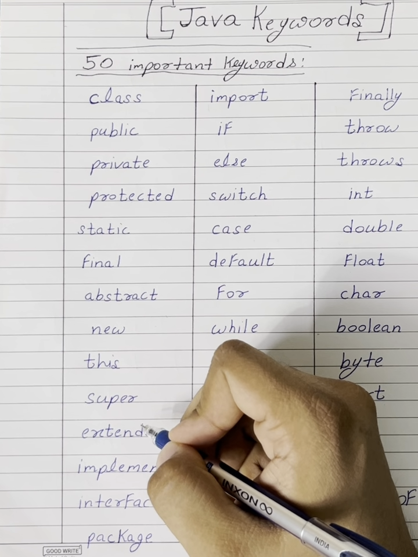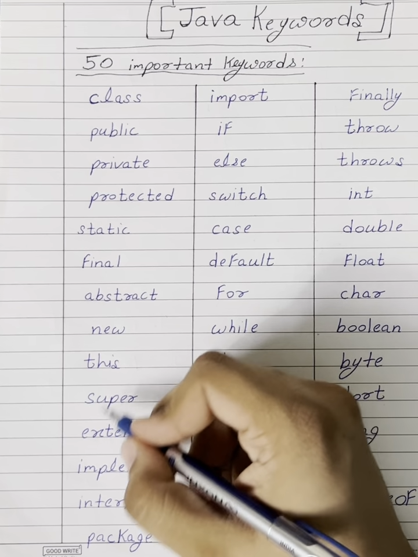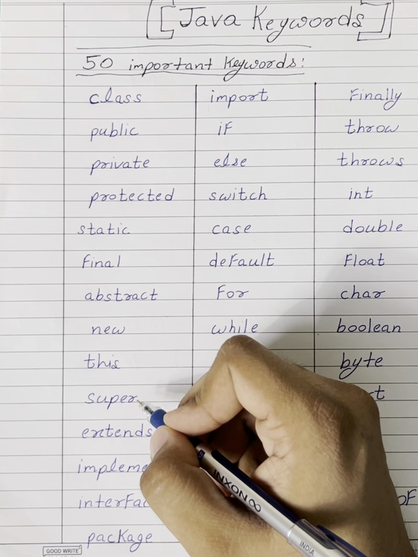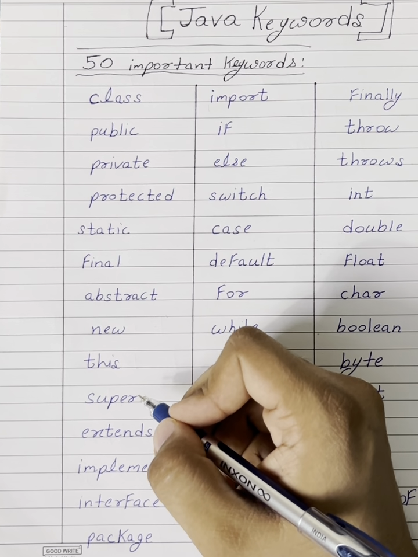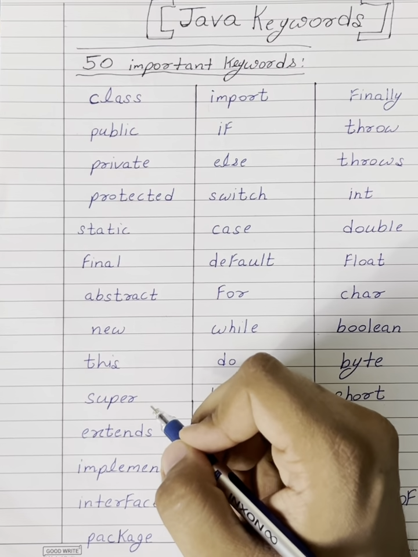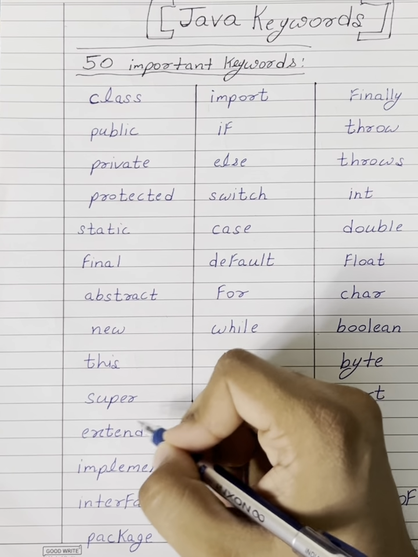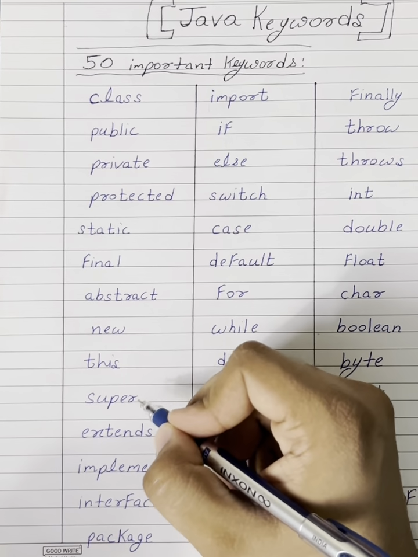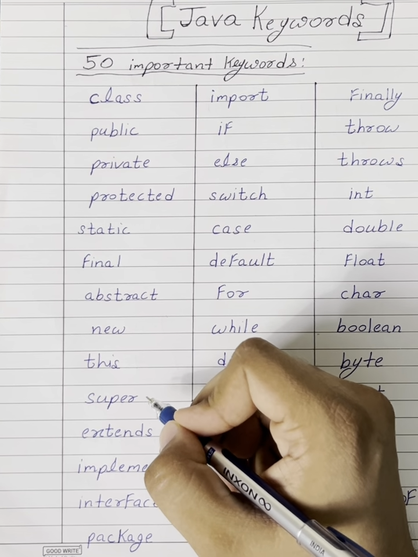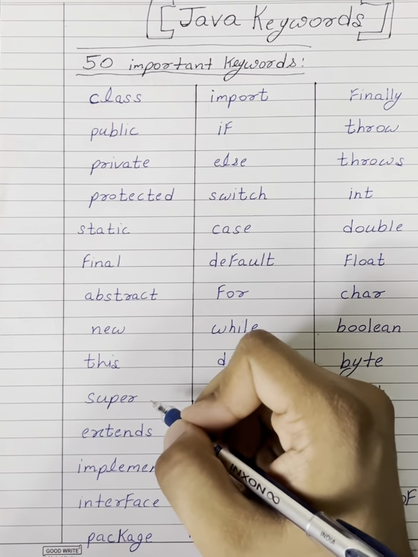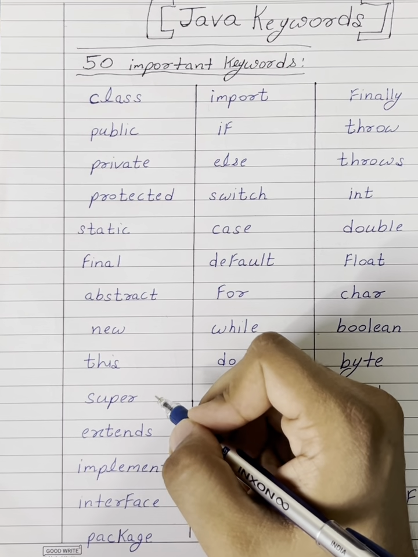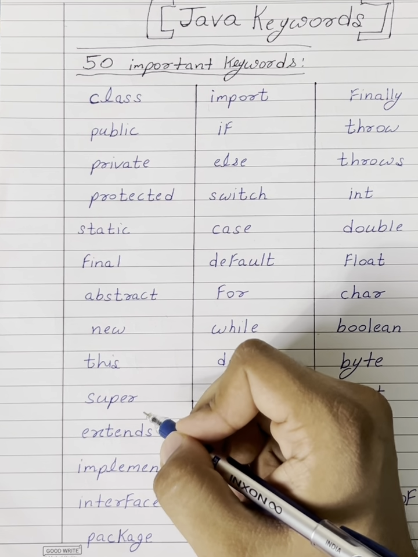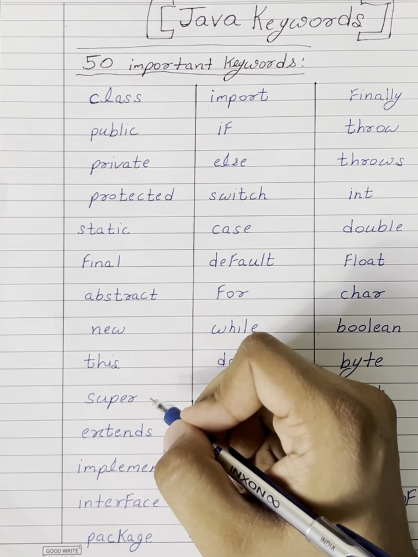So next is the super keyword, guys. This super keyword refers to the immediate parent class in Java, and it is primarily used to access the parent class variable, invoke the parent class method, and call the parent class constructor from a child class.